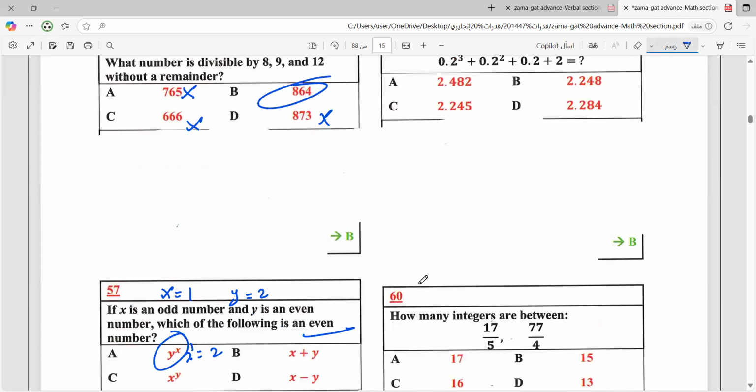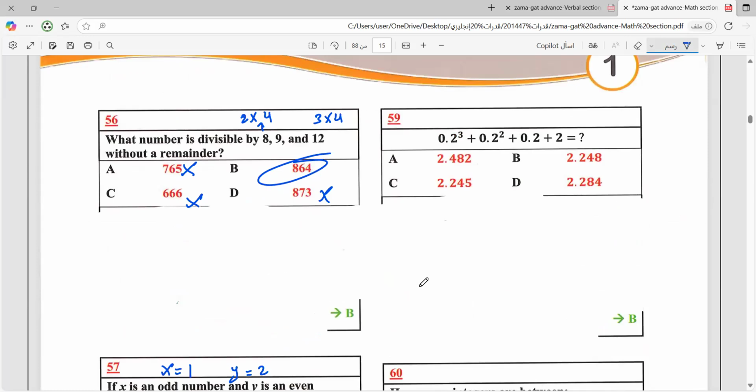Correct. Okay, number 59. Here, 0.2 cubed plus 0.2 squared plus 0.2 plus 2. Here, 0.2 cubed means you multiply this 3 times. How many digits? 1, 2, 3.